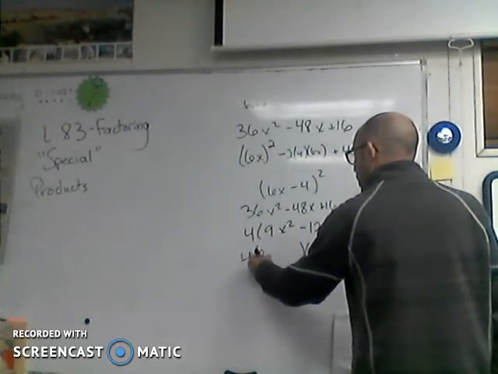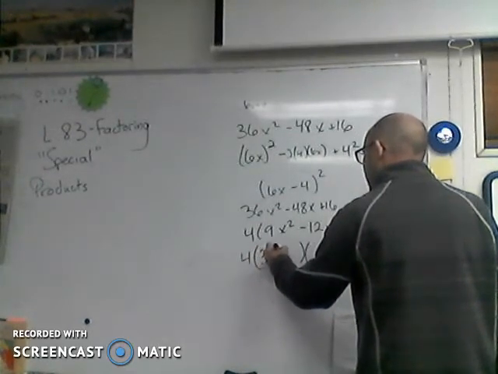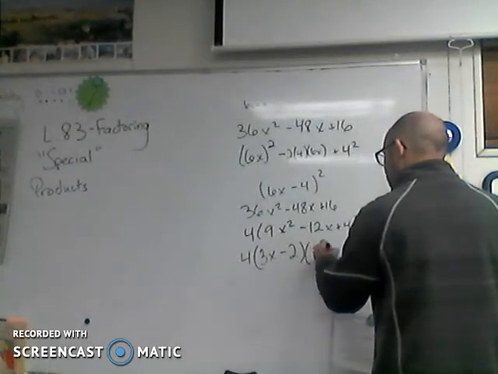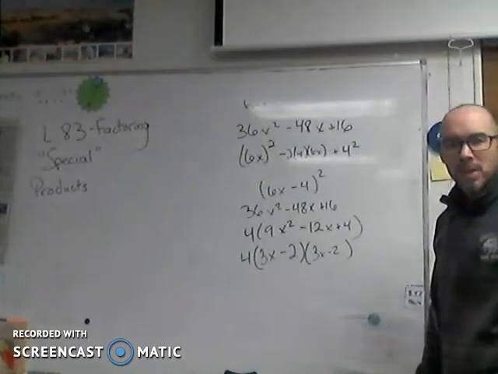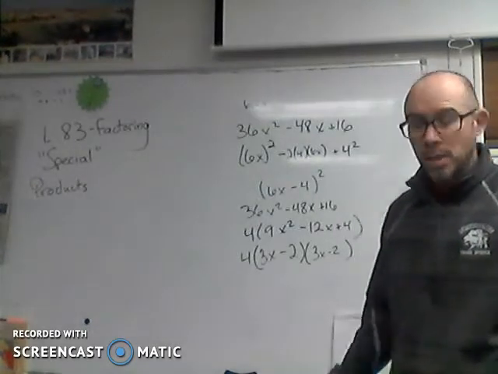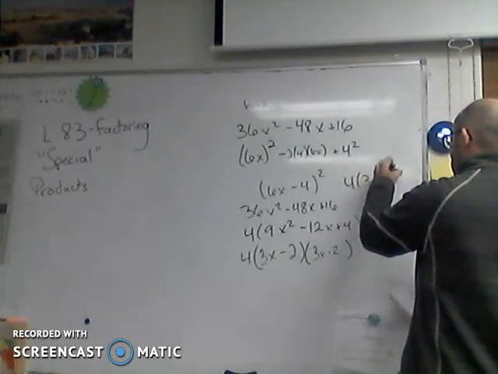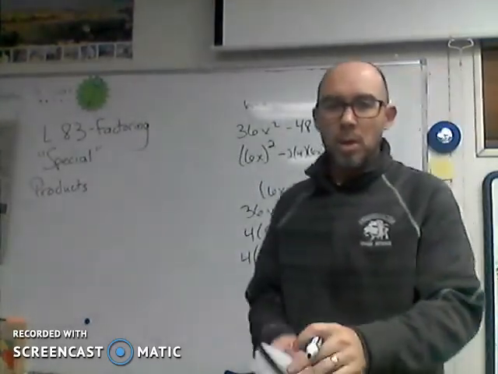So this one can be factored down into 3x minus 2 and another 3x minus 2, or 3x minus 2 squared. That's an alternate version of that, 4 times 3x minus 2 squared.